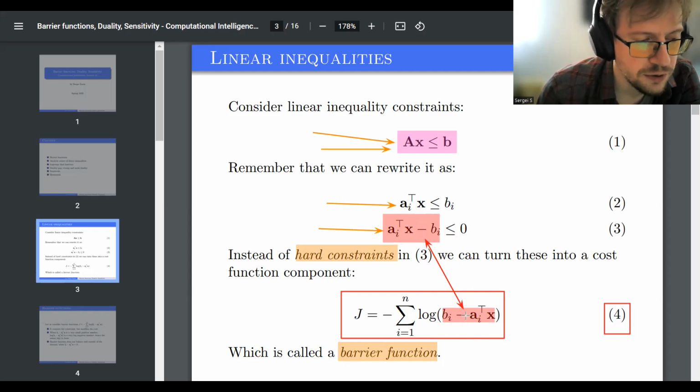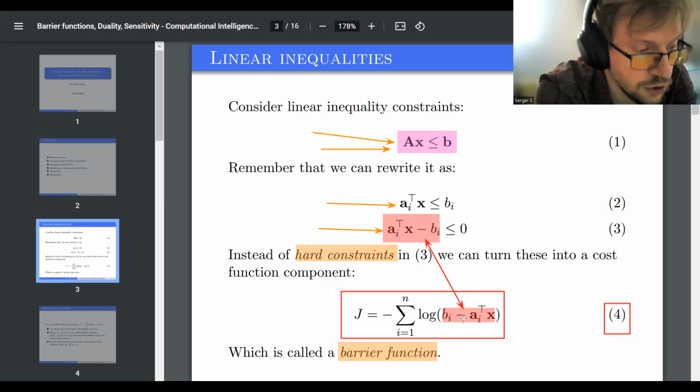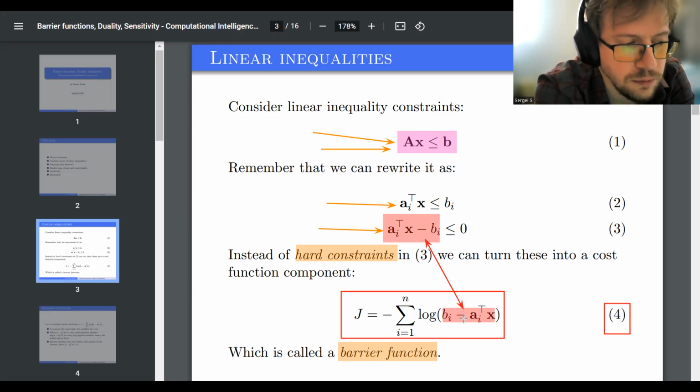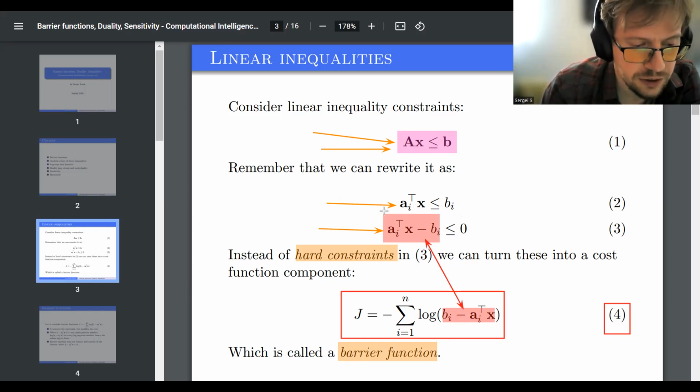Since it is positive, logarithm exists on the domain, okay? As long as this guy starts to approach zero, so it gets closer and closer towards the boundary of the domain. On the boundary of the domain, when ax equals b, this is zero, okay?